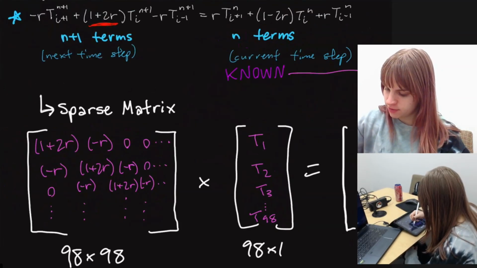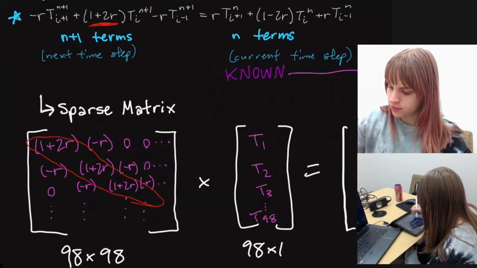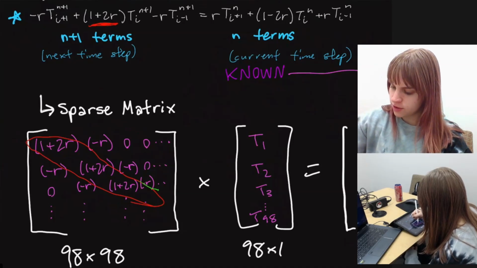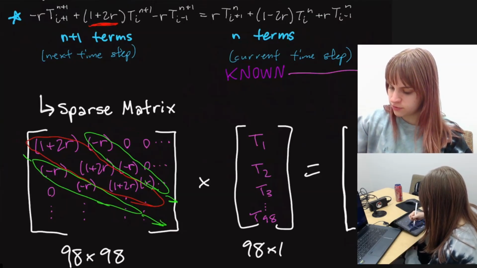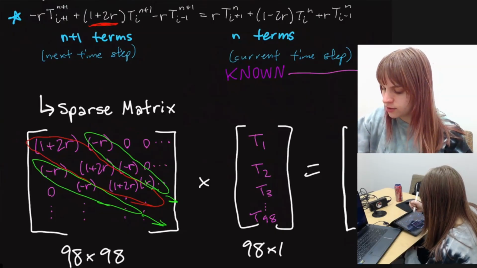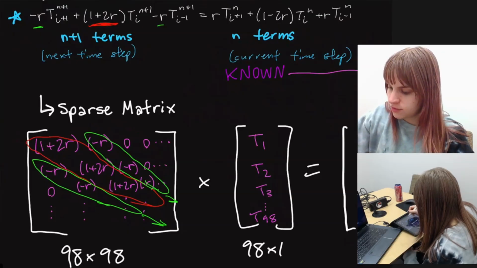So we have these repeating diagonals of the 1 plus 2r. We also have repeating diagonals of the negative r, and this would continue. I just did not write the entire matrix, but we also have those negative r's. There are 2 of them.